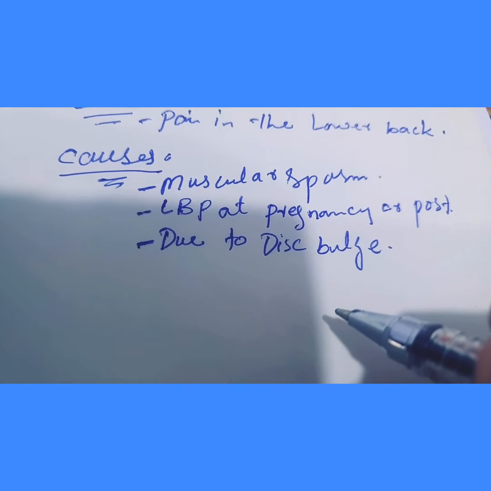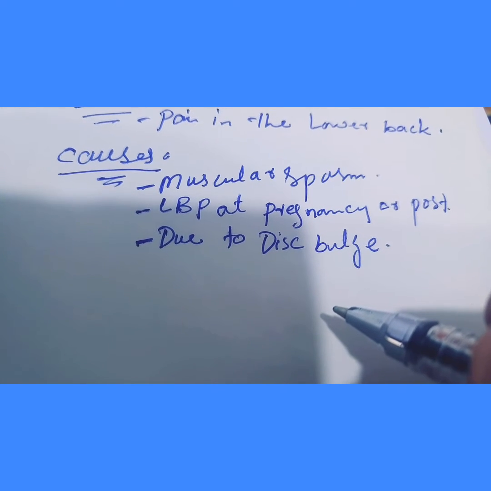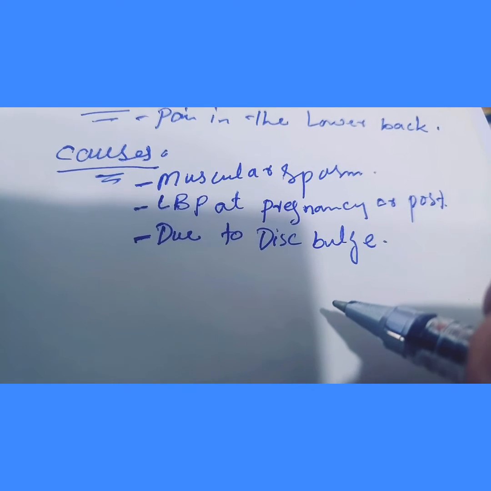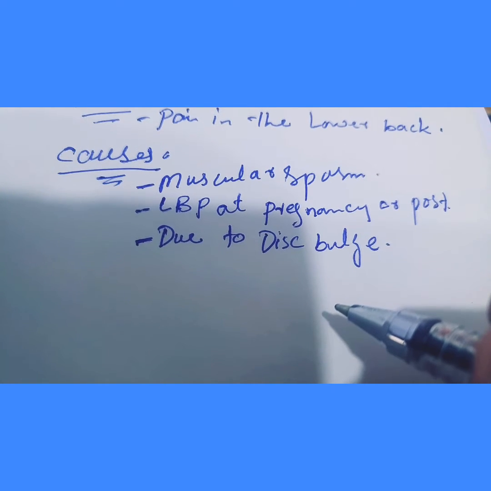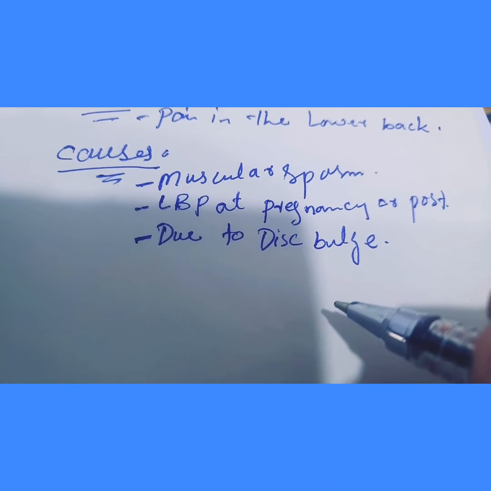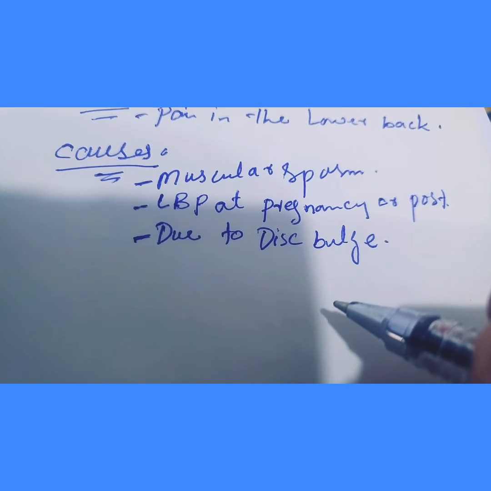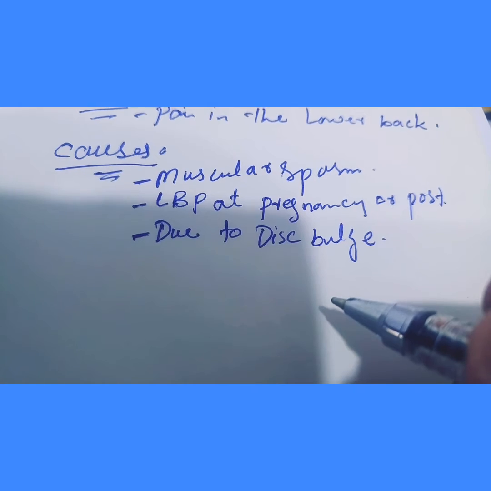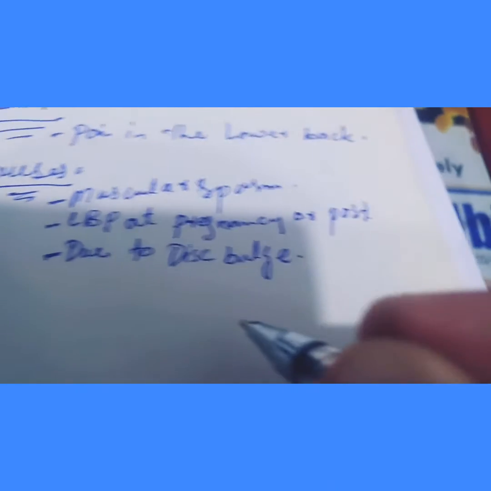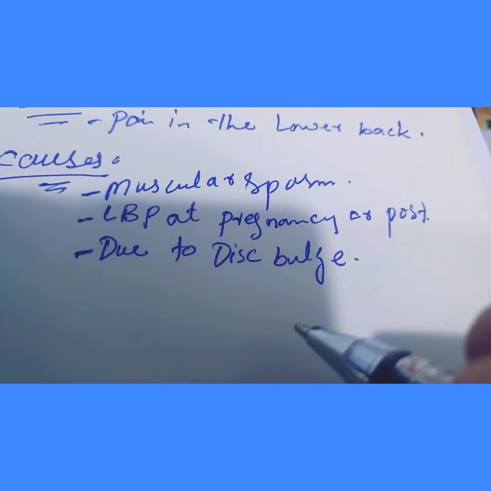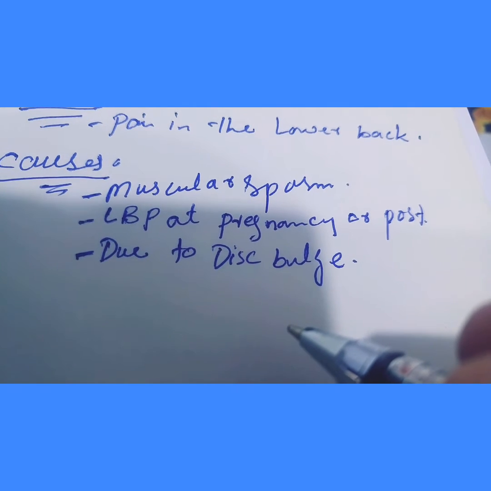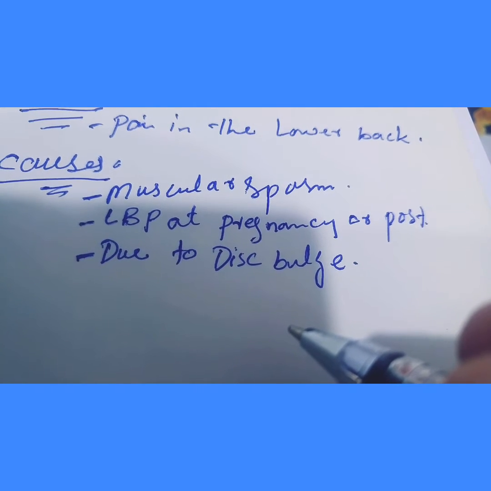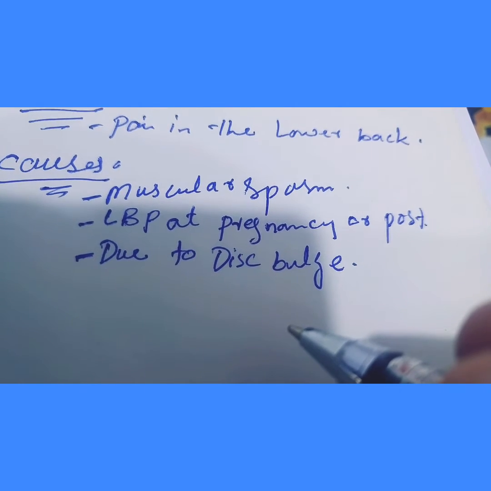The disc bulge is a condition in which the disc, which is present between the two vertebrae, protrudes posteriorly and causes pain at that local site, and can also depress some nerves going through that area and cause radiating pain.